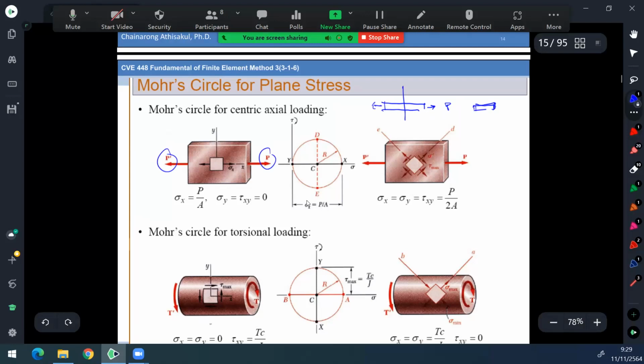This is the plate, and this is the applied force P. The stress inside of this area is equal to P over A. Actually, we have to say that this is equal to the normal force inside of the body. Sigma is equal to N over A, but because N is equivalent to P, it becomes P over A, that you are familiar with.